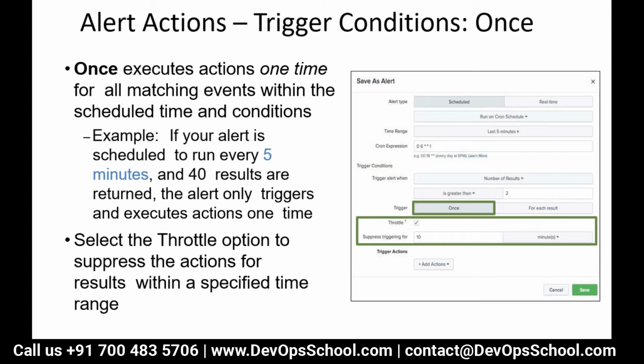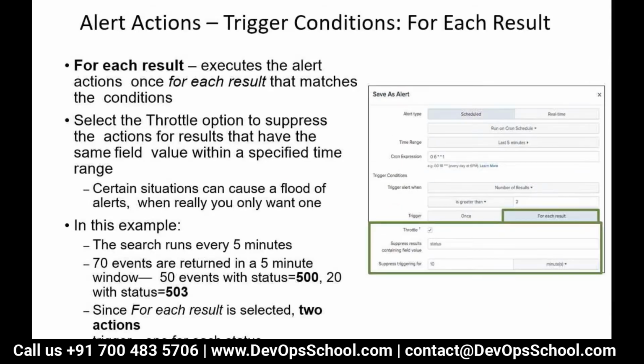Okay, whereas for each result you have to select the second one. Select the throttle option to suppress the action for results within a specified time range. For each result, the alert executes actions once for each result that matches the condition. Select the throttle option to suppress the actions for results that have the same field values within a specified time range. Again, you can set this here.